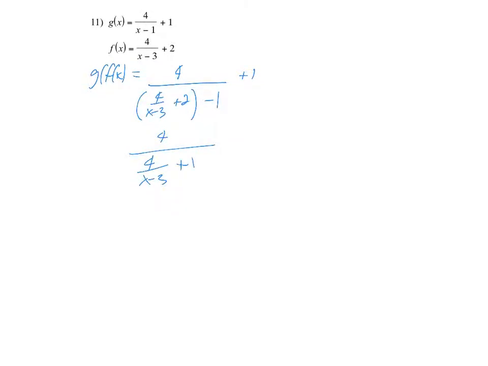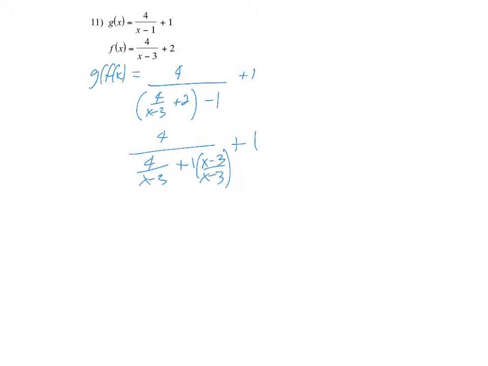Last one of these guys. So let's find g of f of x. So g of f of x is going to be 4 plus 1 over x minus 1, but our x is going to be all of this, 4 over x minus 3 plus 2, minus 1. So what are we going to do? We can drop the parentheses in the bottom, so we're going to get 4 over x minus 3, 2 minus 1 is positive 1, plus 1. These guys are going to have to get a common denominator, so we can combine them.